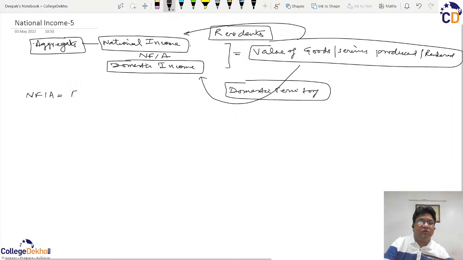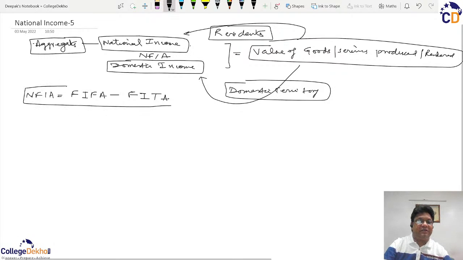It denoted how much factor income has been brought to India by the residents, known as FIFA, factor income from abroad, and it is to be deducted by the factor income which has been taken away from India by the non-residents who are working in our domestic territory, that we call FITA, factor income to abroad.